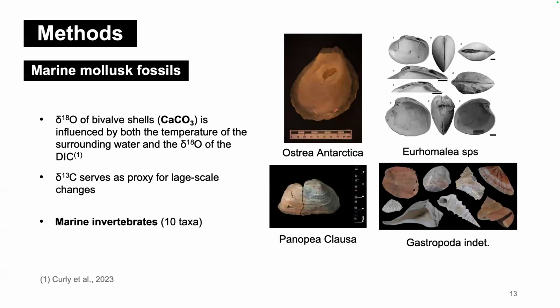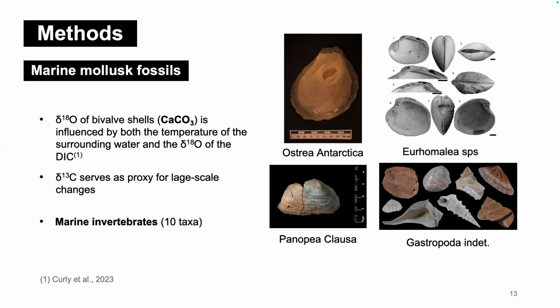Bivalve fossil shells, composed primarily of calcium carbonate, serve as valuable archives for reconstructing climate conditions. The oxygen isotope composition of bivalve shells is influenced by both the water temperature and the delta 18O of the fluid between the mantle, the tissue that secretes calcium carbonate, and the inner shell surface, where biomineralization occurs.